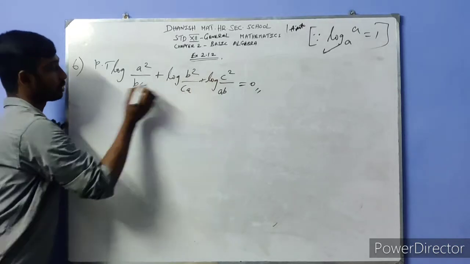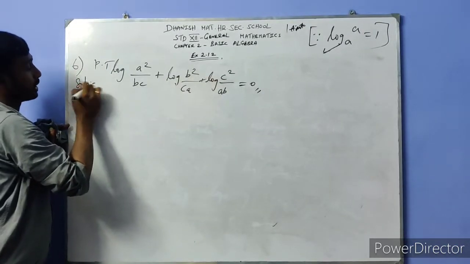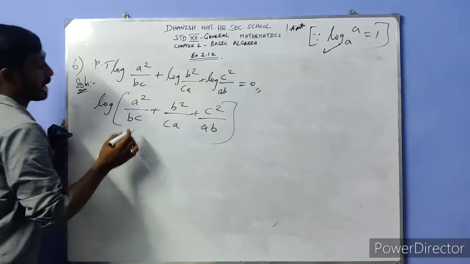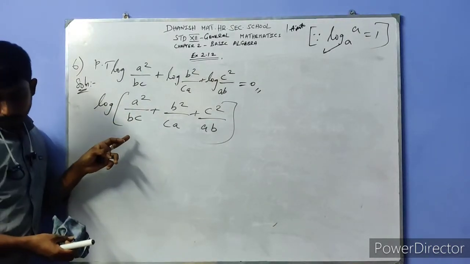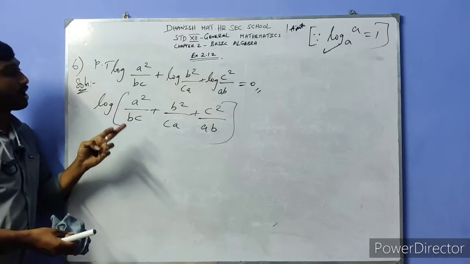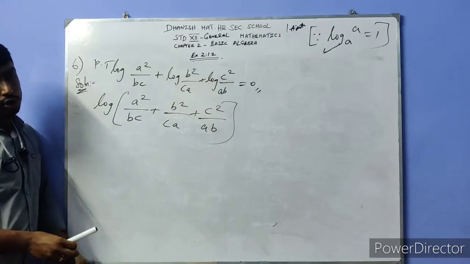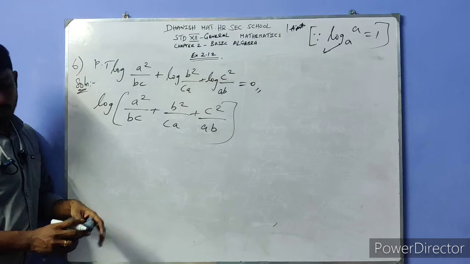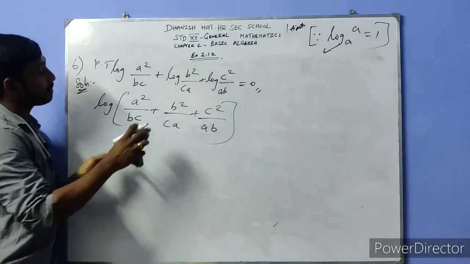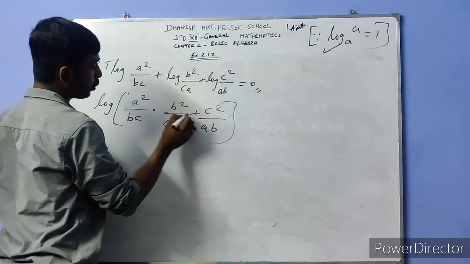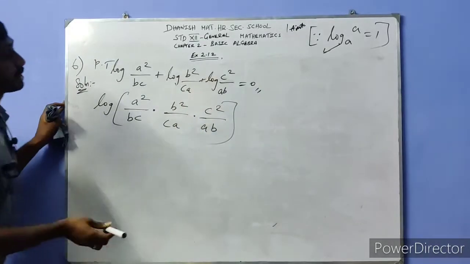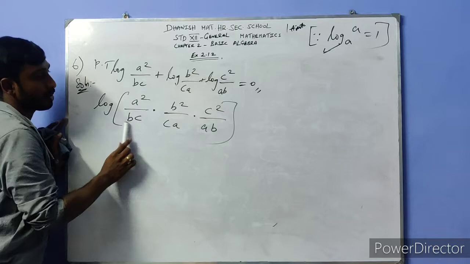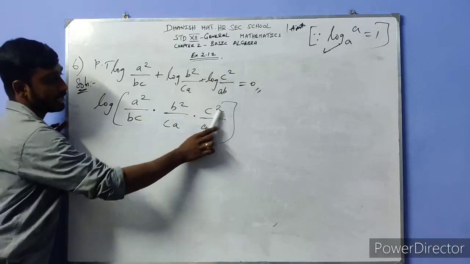Now, how do we get 0 in this question? Divided by ab, so here I am cancelling this one. What is the value we are getting here? A square divided by bc. Here we are using the product rule method, taking the common terms: a square divided by bc, b square divided by ca, c square divided by ab.